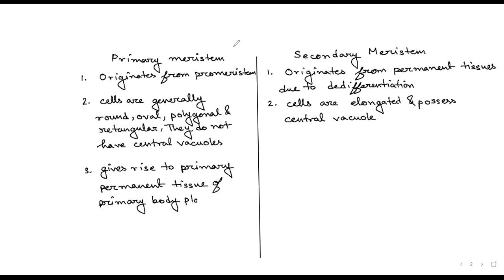So these primary body parts of the plants are developed at the initial stage of their life cycle. But let me tell you, here there is one exception, and this exception of primary meristem is interfascicular cambium.